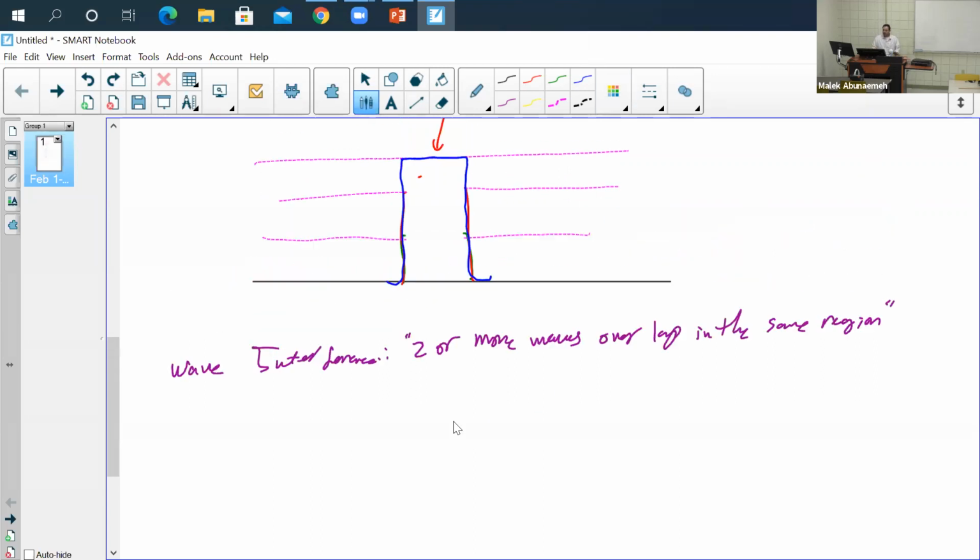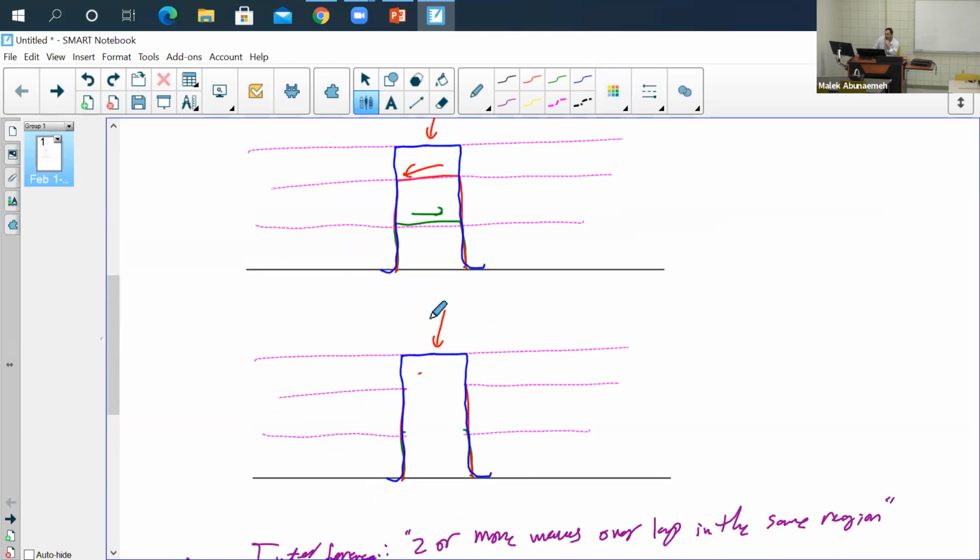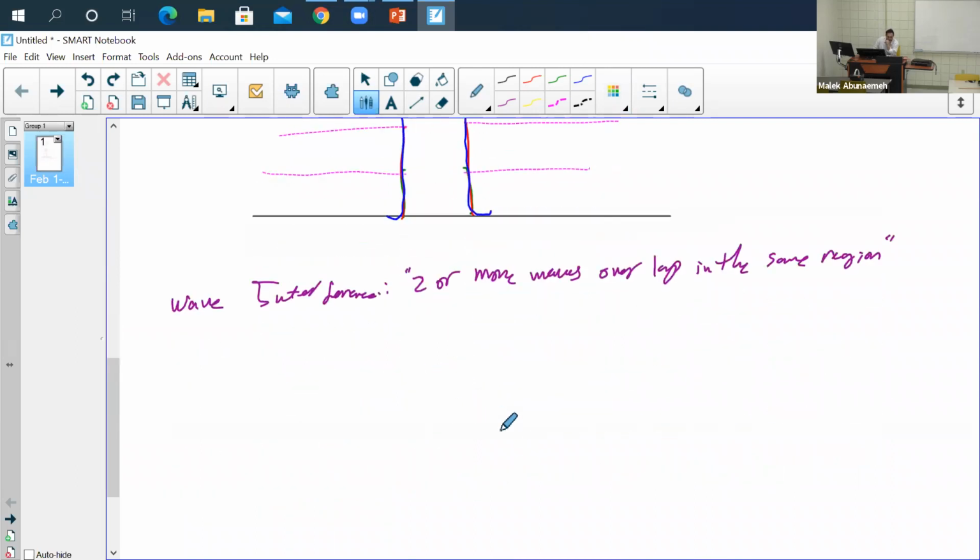So you got two or more waves going in, and they both overlapped in the same region, which caused a big superwave.